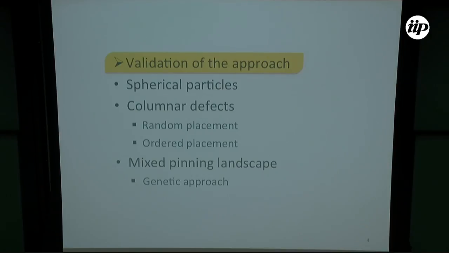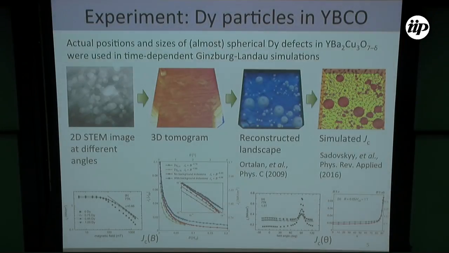So let me go to the validation of this TDGL approach. In the first experiment, dysprosium particles were embedded into the superconductor by some chemical means, and the experimenters made around 100 pictures at different angles, and then reconstructed the 3D volume of the superconductor.